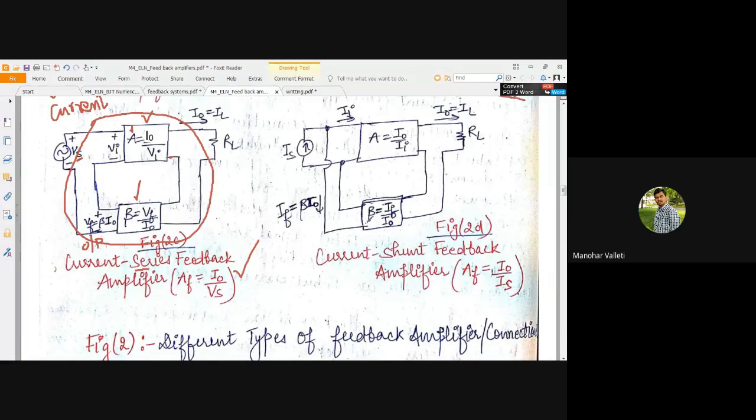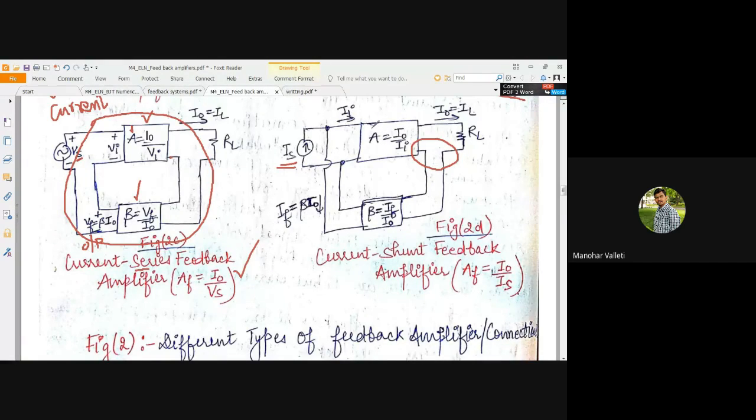Now we'll see the current shunt feedback. At the output, current tapping, we take the output current like this, and shunt mixing means we will consider a current source at the input section. So the effective input going to the amplifier input is II.